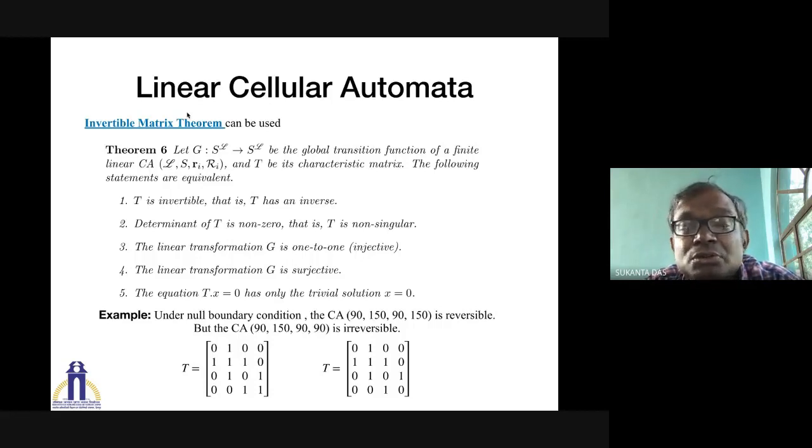We have discussed how I can get this T, and let me recall it again. On the other hand, 90, 150, 90, 90 is irreversible. Recall that 90 and 150 both are linear rules.